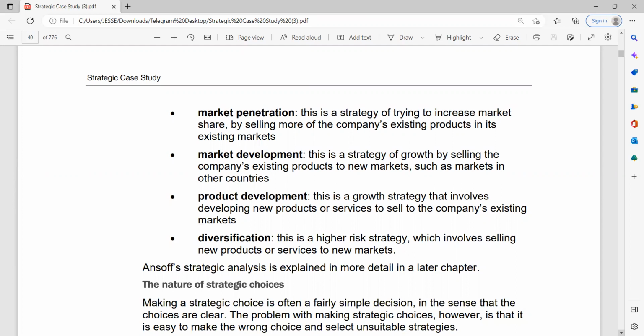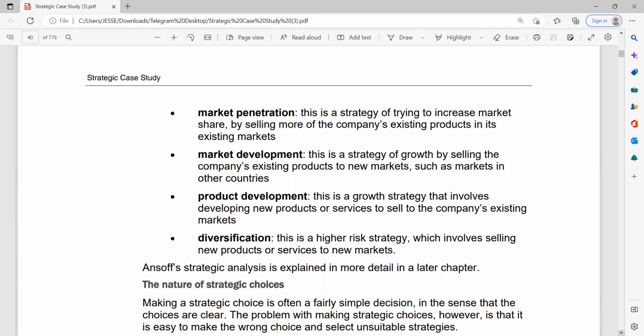What is market penetration? Market penetration is basically selling more of your existing product as a company in your existing market. Now take note of the keywords here. Under market penetration, you are selling more of your existing products in the existing market. So here you have existing product, existing market.